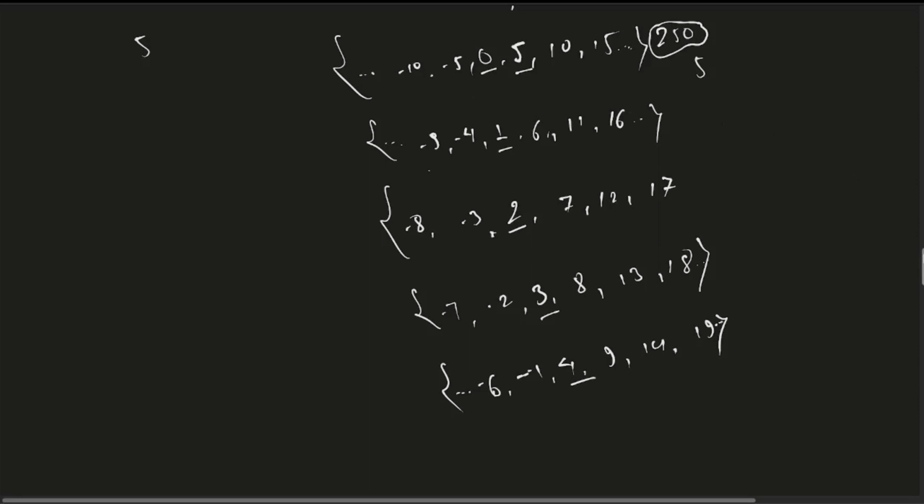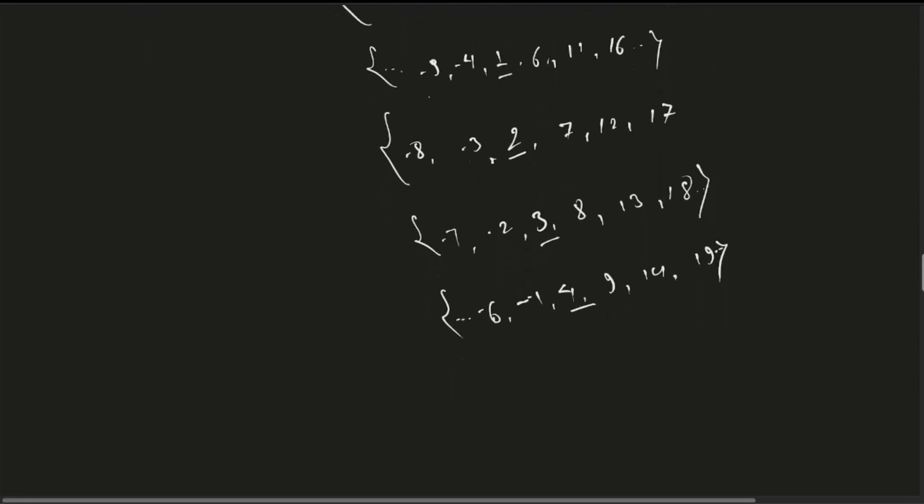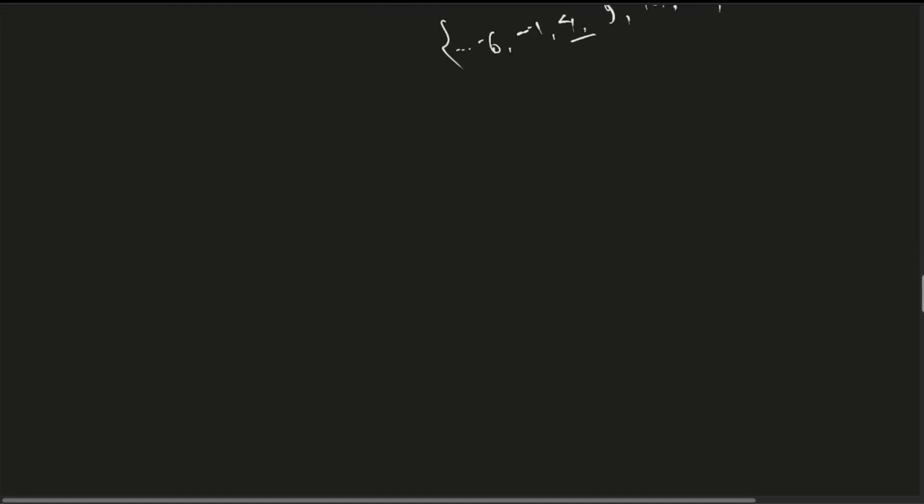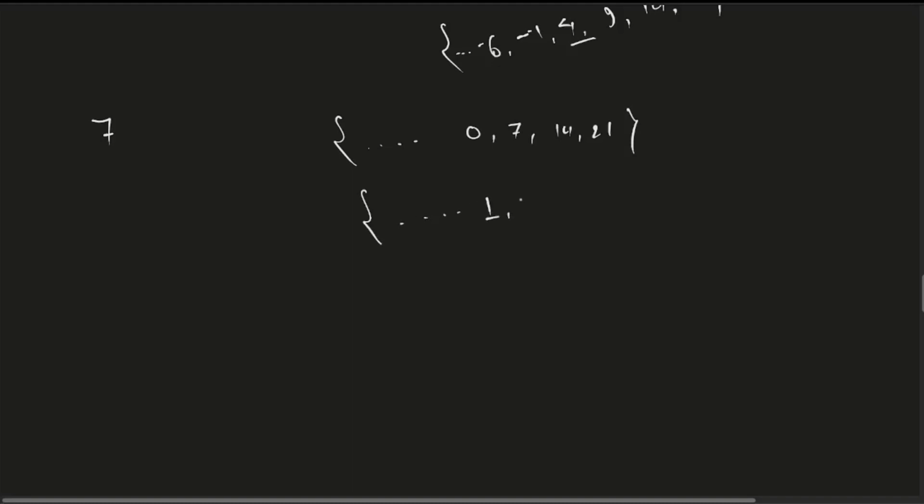So for that, let's look at another example. Let's look at the equivalent set for 7. For 7 we'll have a total of 7 of them. Let me use only the positive numbers. Let's start with 0, then 7, 14, 21. Then 1, 8, 15, 22, and it just goes on and on.